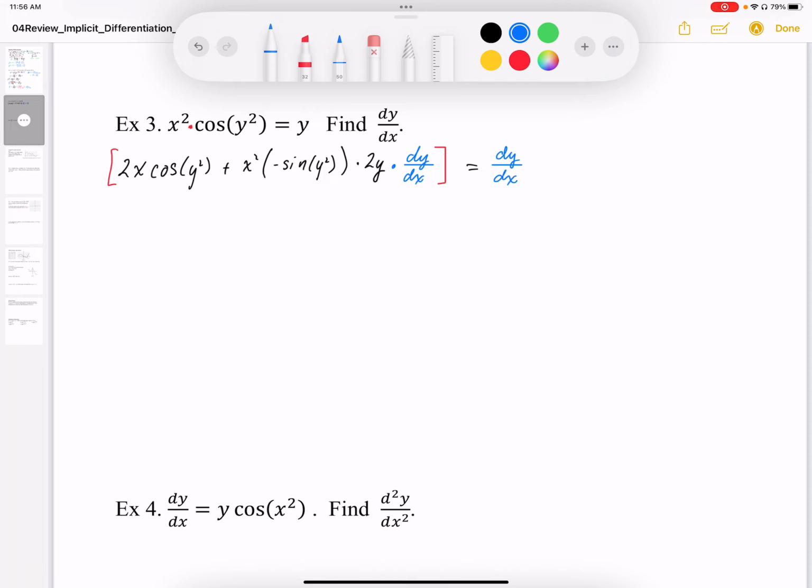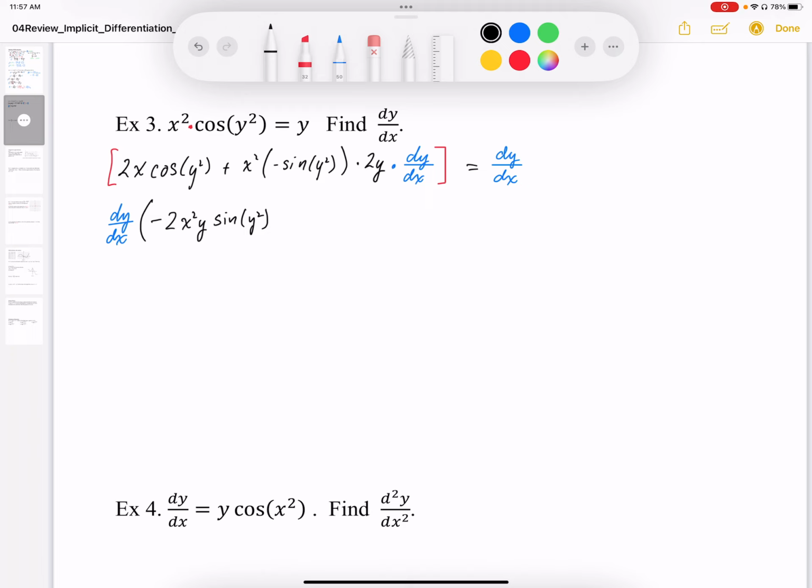Okay, so then at this point, I'm going to group my terms. So dy by dx, I'm going to factor that out. And out of that factor term, I'm going to have negative 2x squared y, and then sine y squared.